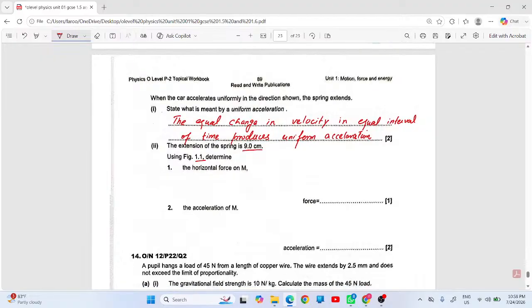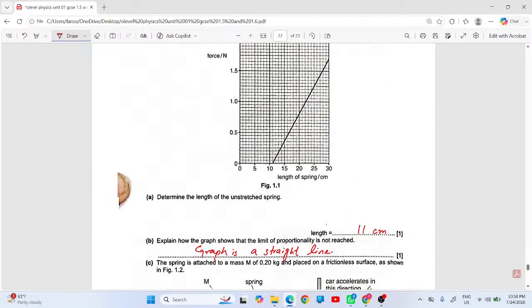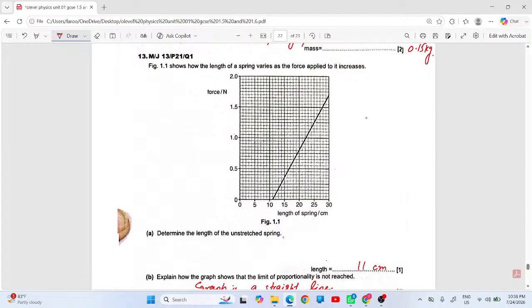The extension, okay, so 9 centimeters, so 11 plus 9, yes, 20.